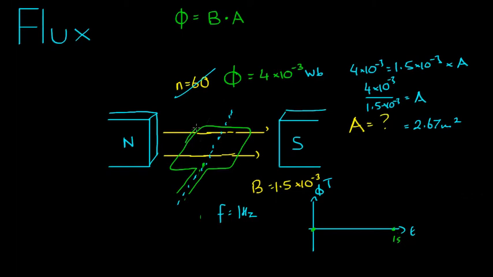However, as it starts moving, a quarter of a second later it's turned a quarter of its revolution. So we can put, that's 0.5, this can be 0.25, and this can be 0.75. A quarter of a second later here, if it's spinning at 1 hertz, the flux will be at a maximum.